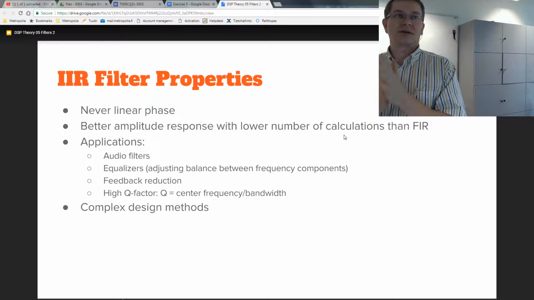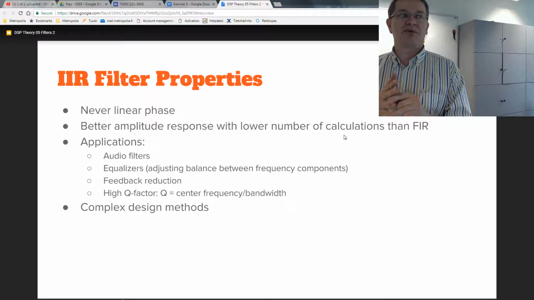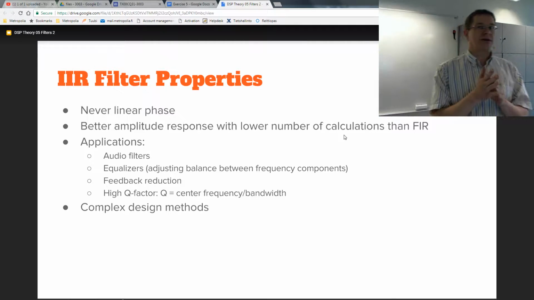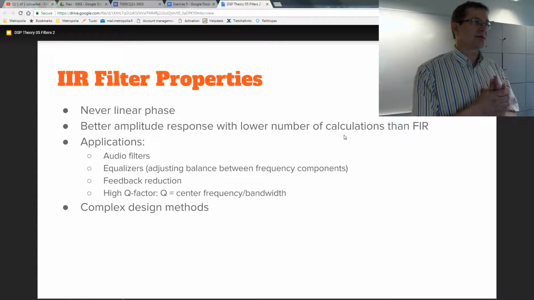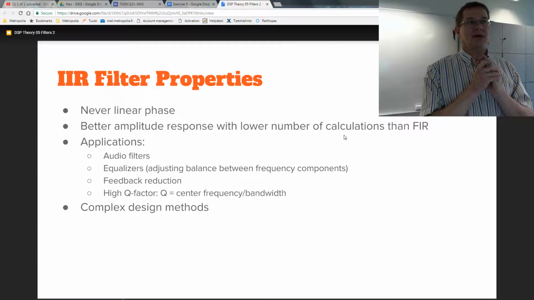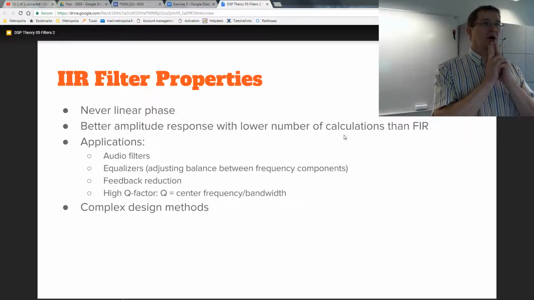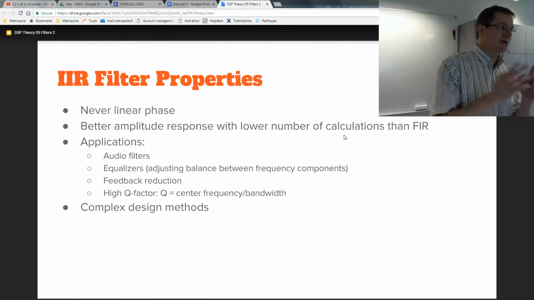So, IIR filters. Now we are talking about infinite impulse response systems, which means that the filter always has somewhat non-linear phase. So it's never a linear phase filter. If you need a linear phase response, then the only way to get it is FIR, which has its limitations.